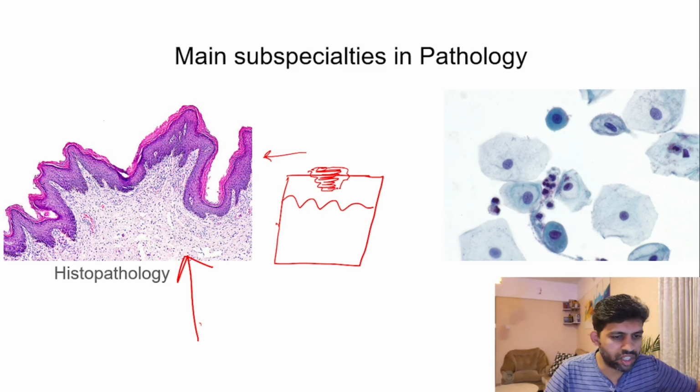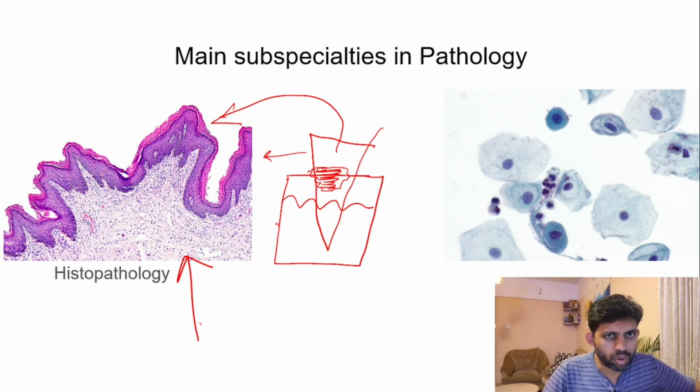Patient has some lesion here. Clinician needs a pathological diagnosis. So he can do two things. One is he can do a biopsy like this. He will cut off a small portion of the skin like this and send to pathology lab, where a pathologist will process and stain and see the skin under the microscope. So this is a microscopic picture, and he'll tell the clinician what is wrong.